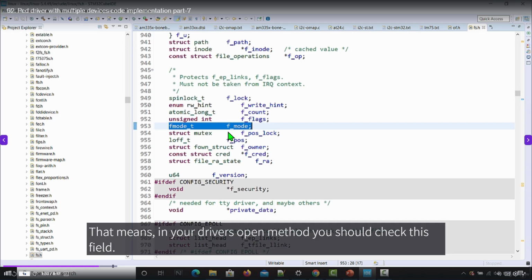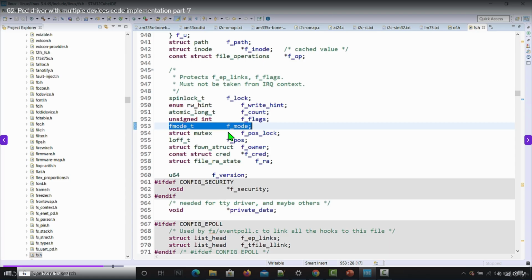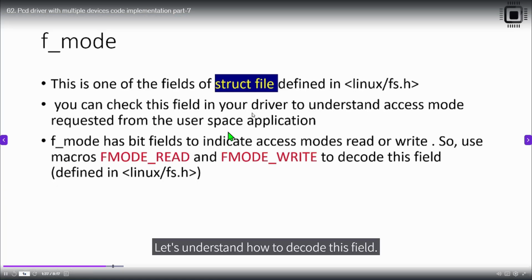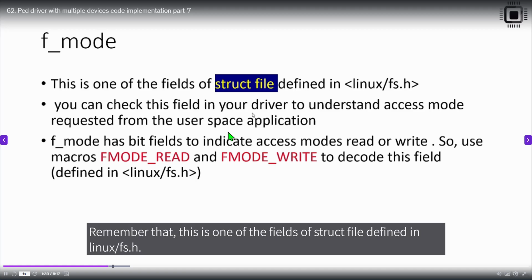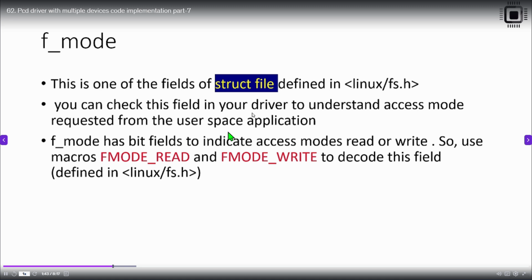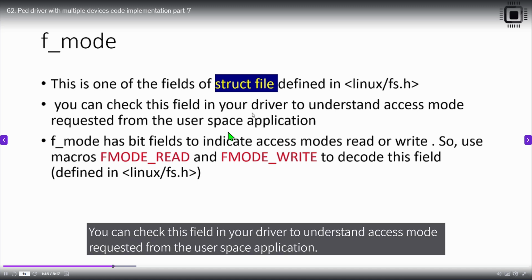That means in your driver's open method, you should check this field. Let's understand how to decode this field. Remember that this is one of the fields of struct file defined in Linux fs.h. You can check this field in your driver to understand access mode requested from the user space application.